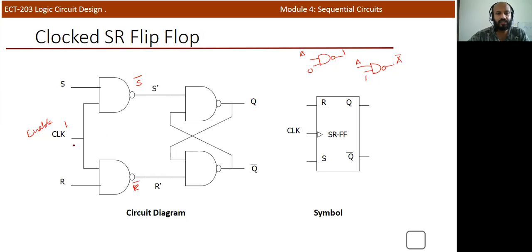So by using this extra control signal, the clock signal, we can disable the input side. Whenever you want to control this input signal, you can apply a clock signal like this. So this particular enable signal is called the clock. In the figure it is indicated as an edge triggered clock.